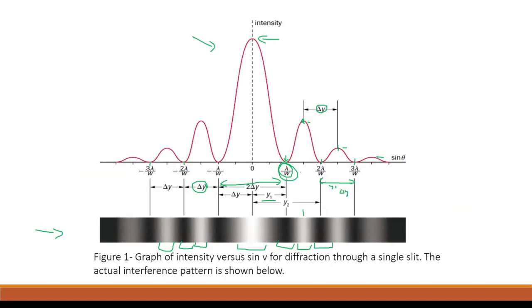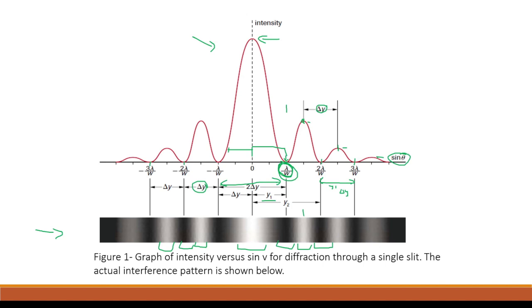So we can see that a sine theta value of lambda over w is the endpoint of this central maximum. And so if we find that theta value out of that sine theta value of lambda over w, that'll give us this half. And so we'll just need to get the other half by multiplying by 2, since it's symmetrical.